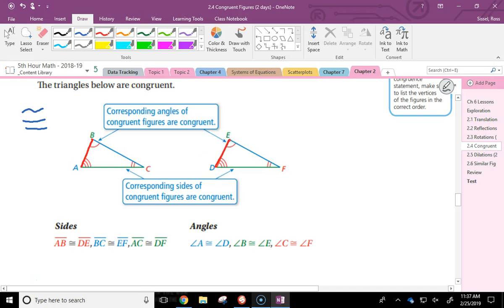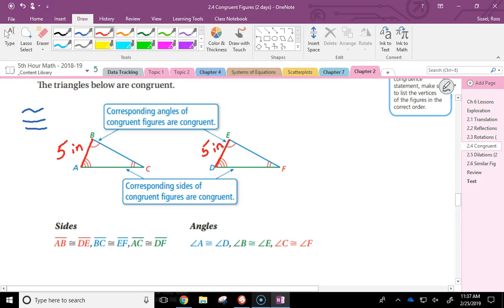So here's a tough question. What if I told you the measurement of AB is 5 inches? What would DE have to be? 5 inches. That simple. If AB was 5 and DE is congruent to it, DE also has to be 5 inches.